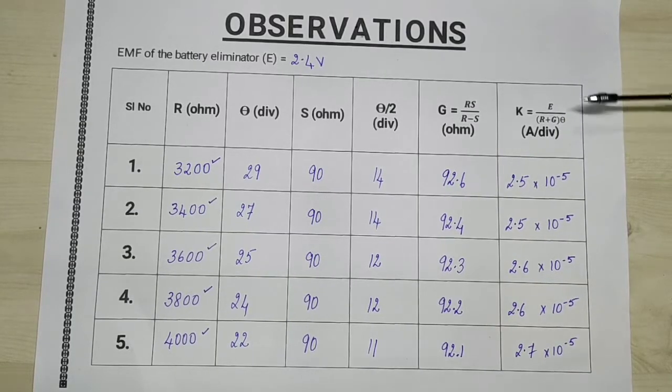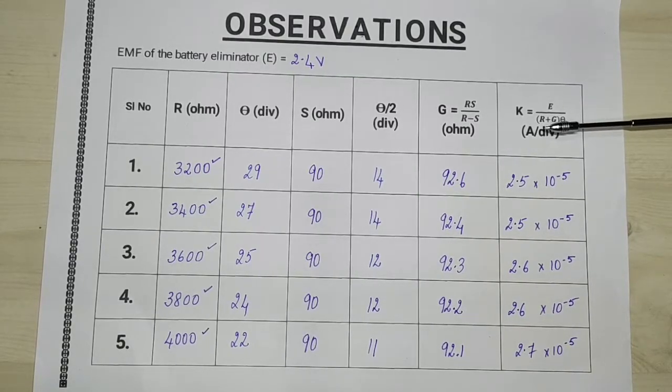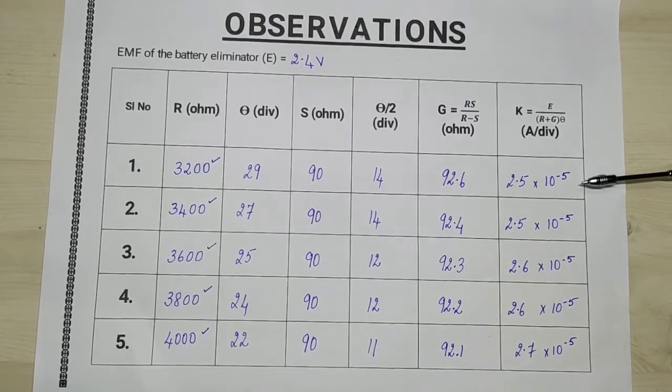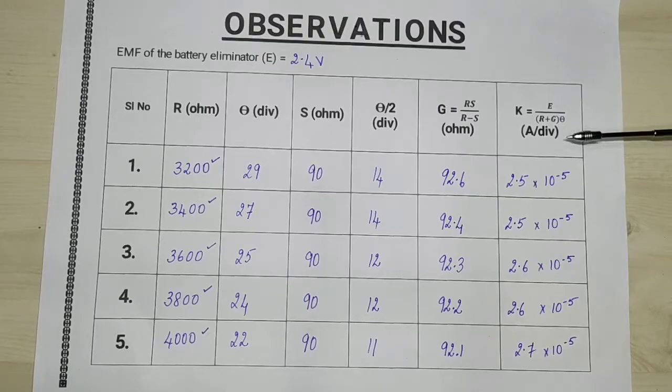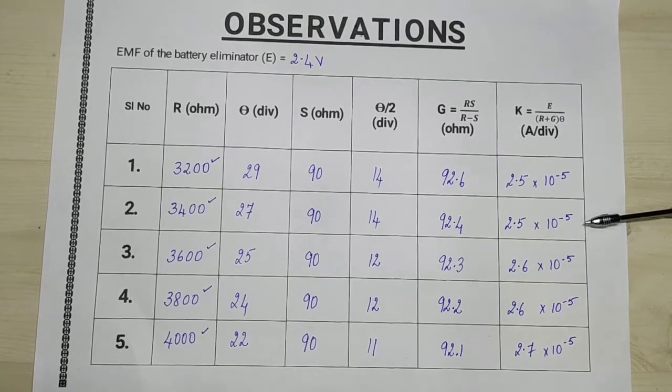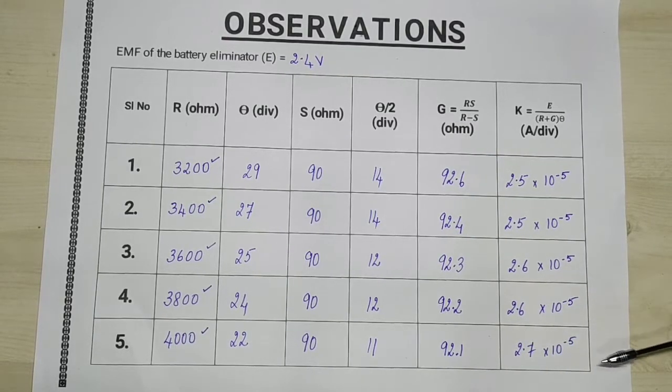E by R will give you current, which is ampere, and theta unit is division. So ampere per division. For the first trial it is 2.5 into 10 power minus 5 ampere per division, and the subsequent trials 2.5 into 10 power minus 5, 2.6 into 10 power minus 5, 2.6 into 10 power minus 5, 2.7 into 10 power minus 5 ampere per division.